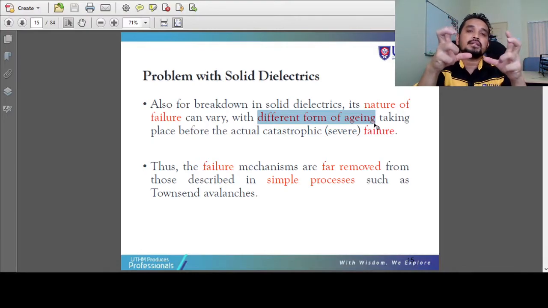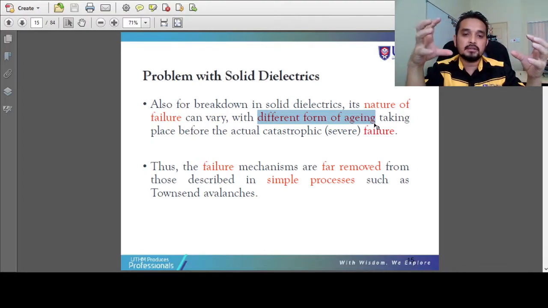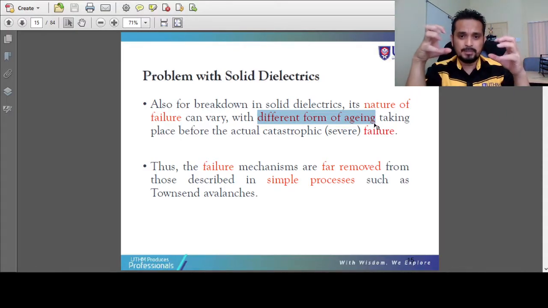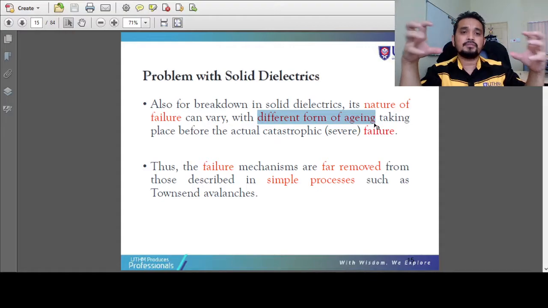once an insulator has been manufactured, it has a certain period of service, so called 10 years, maybe 20 years.